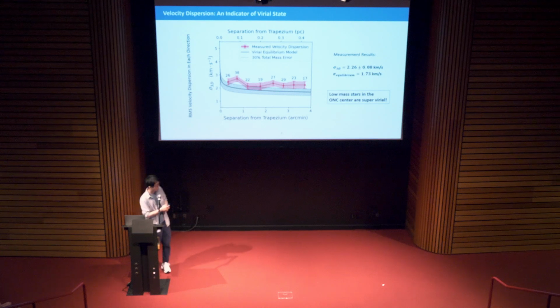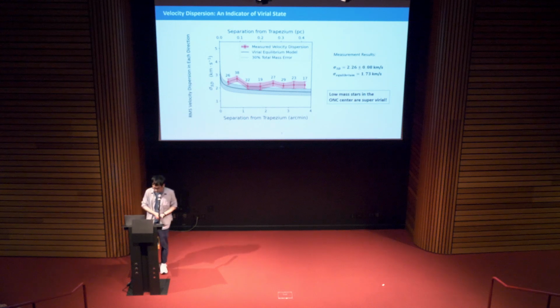The red shows the measured values, and the black curve with the gray area shows what it should look like if the ONC is in virial equilibrium. As you can see, almost all of the observations sit above the virial equilibrium model. It's also true for the overall value of 2.26 kilometers per second, which is greater than the equilibrium model's suggestion of 1.73 kilometers per second.